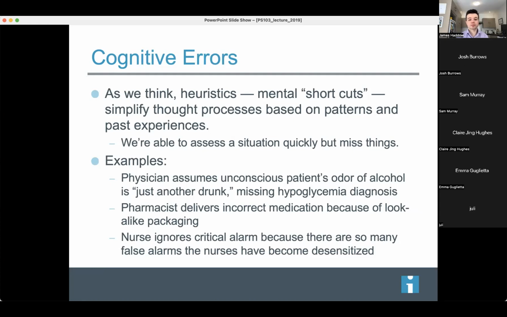They've not considered all the different differential diagnoses. A pharmacist grabs some medication, but it's not the right medication because it looks the same as another package. Or a nurse ignores a critical alarm because there are so many false alarms that the nurses have become desensitized. So that's alert fatigue, which probably people have heard about before.